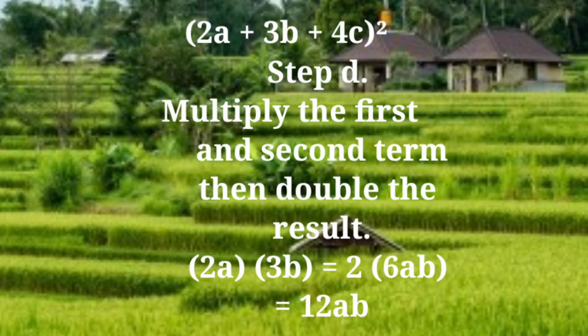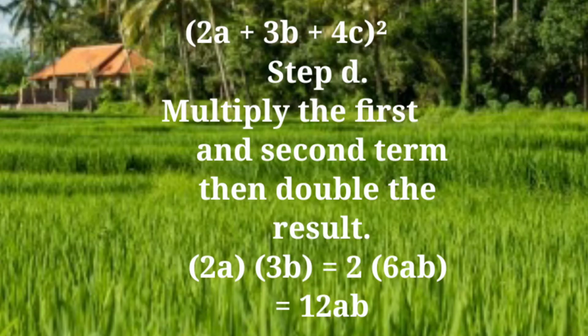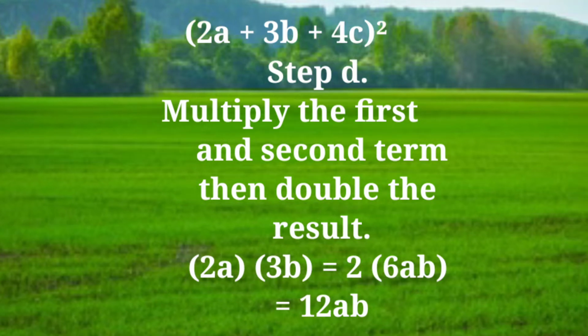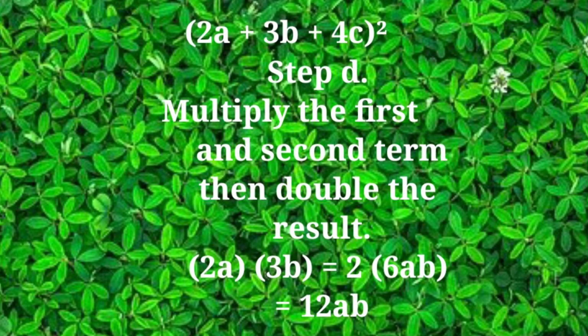Solve (2a + 3b + 4c) squared. Step D. Multiply the first and second term, 2a and 3b, then double the result. 2a times 3b equals 6ab, times 2 equals 12ab.